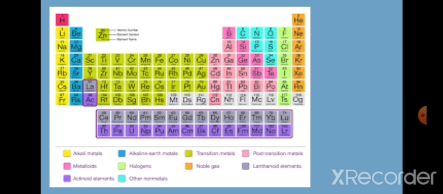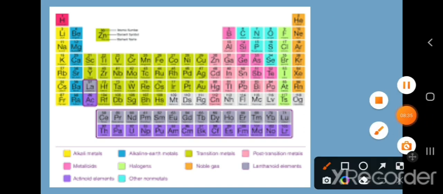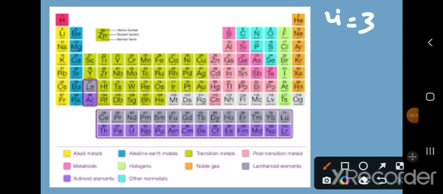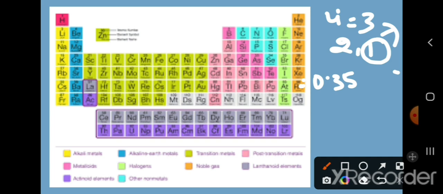So we are calculating for lithium, right? So for lithium atomic number is 3, 2, 1. So for what we are calculating, for the valence shell we are not calculating. So for the valence shell, what is the value for that? I told you that 0.35 we will not include.